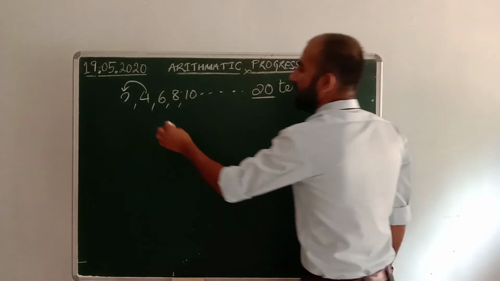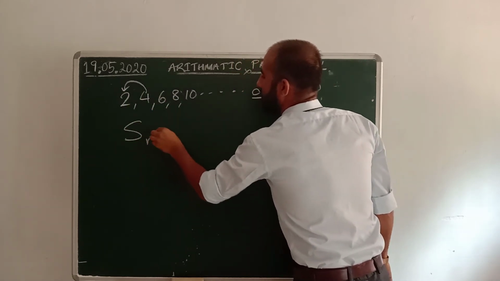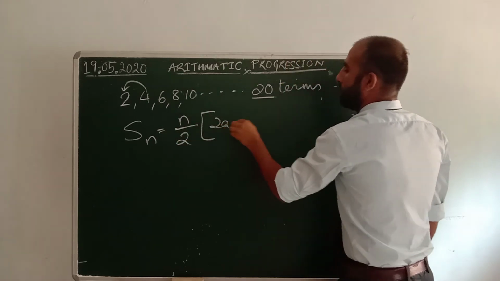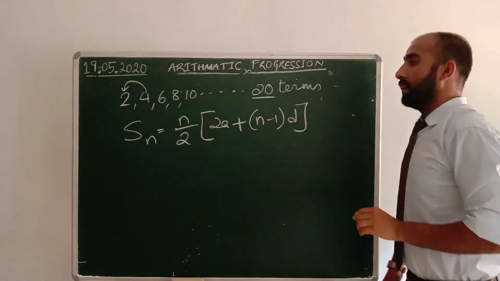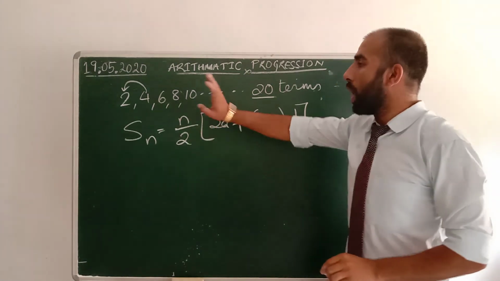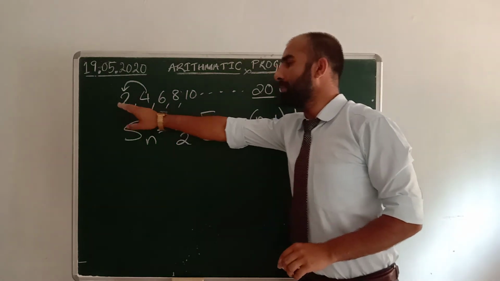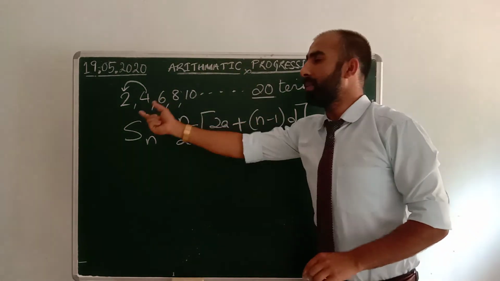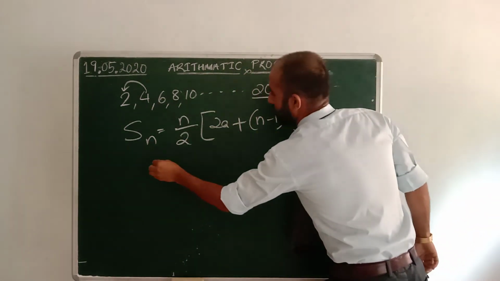Okay, so kids, we know the sum formula equals n by 2 into 2a plus n minus 1 into d. Suppose the common difference is not given to you, but you know the first term and the last term. Then by using the first term and last term also you can find the sum. How? Let me show you.